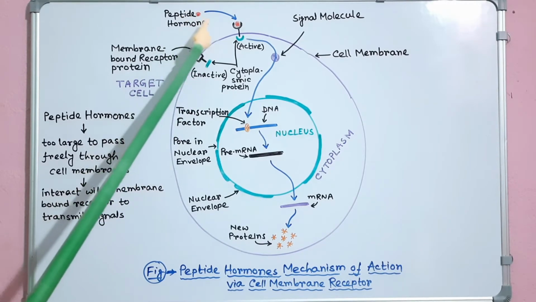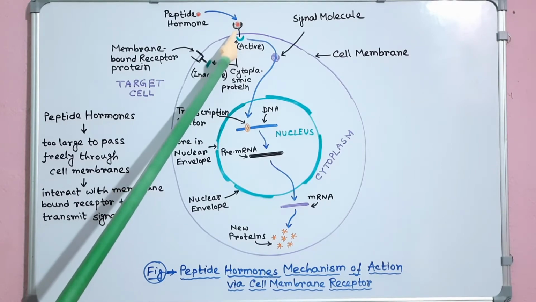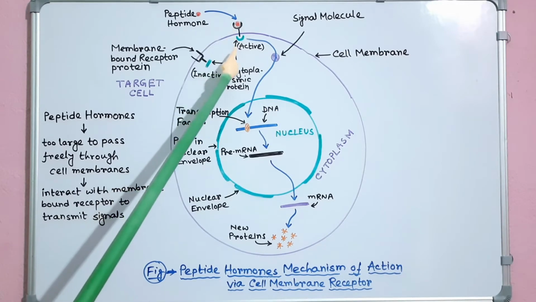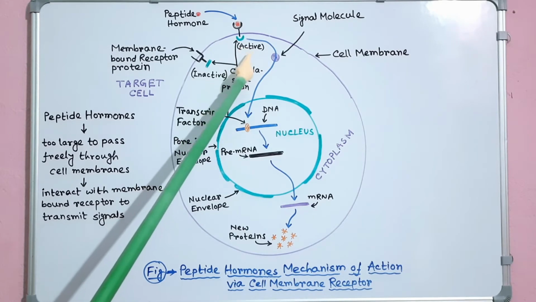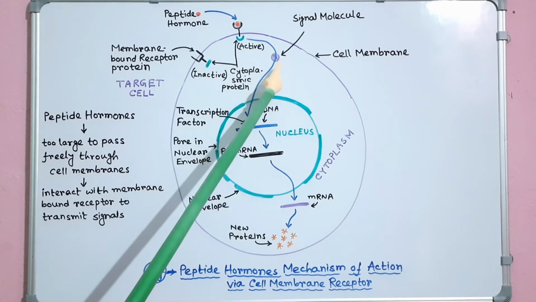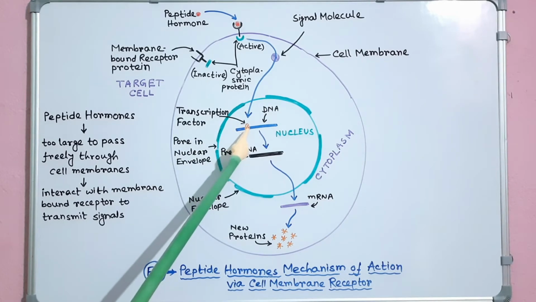Now, when the hormone interacts with the receptor and forms a hormone receptor complex, the cytoplasmic protein gets activated. The activated cytoplasmic protein transduces a signal to the nucleus via a signal molecule. The signal then induces a transcription factor to bind to DNA.